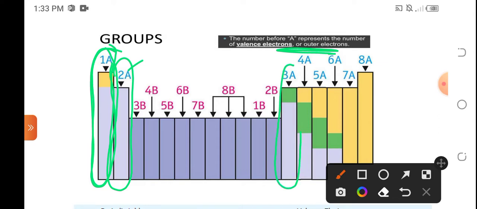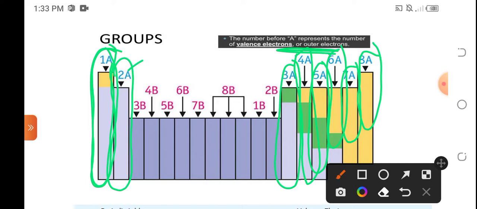Pagdating dito, meron daw 3. Dito, pagdating dito ay 4. And then for group 5A, 5. Group 6A may 6. Group 7A may 7 electrons in the outermost energy level. And for group 8A ay 8, except for helium na 2.